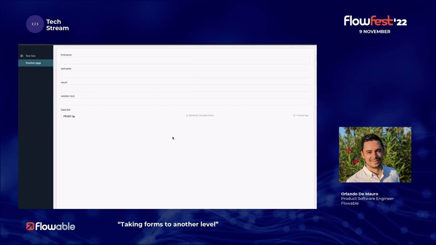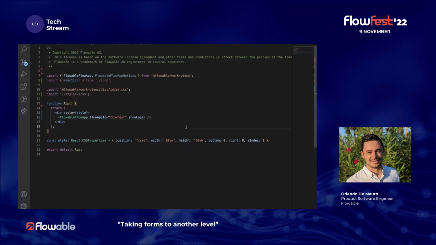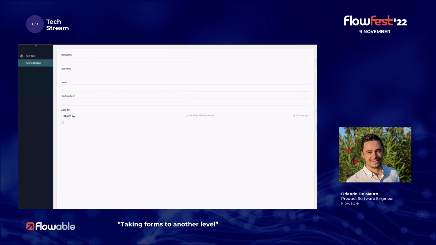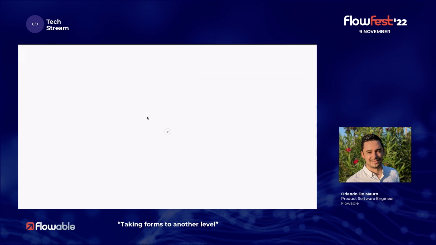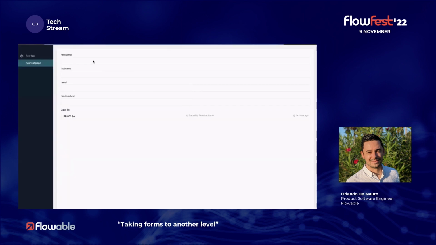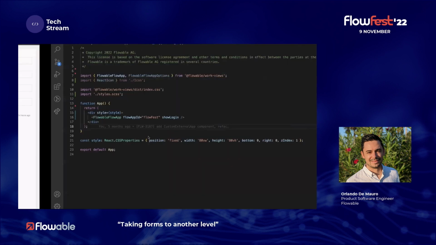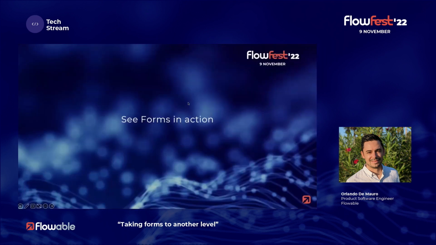Sorry, it's not getting the update. I don't know what's going on. Yeah, but we have a few properties that we can send to the component. Sorry, I'm having an issue with the auto reload, but basically that's it from my side.